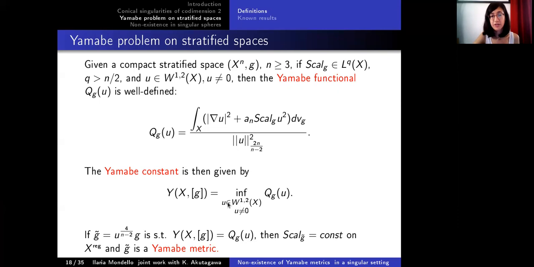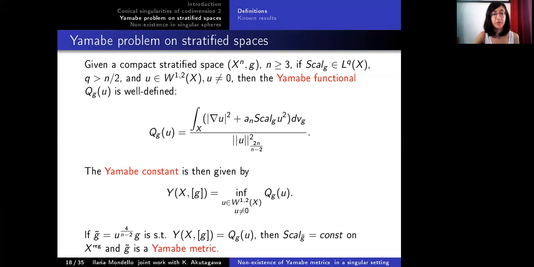Once you have that, even if the function is in W^{1,2}, you can apply regularity and you will find that the conformal factor is actually smooth on the regular set. And if you find a metric like this, then this will have constant scalar curvature on the regular set. So this is what I mean by a Yamabe metric in this setting: it is a minimizing metric for the Yamabe functional, which has constant scalar curvature away from the singularities.